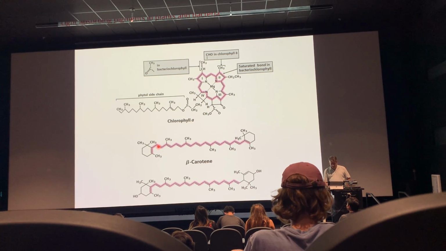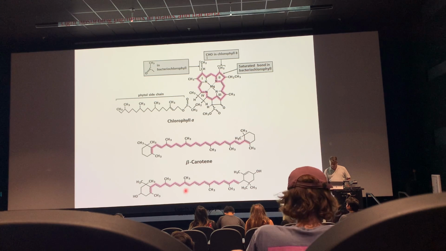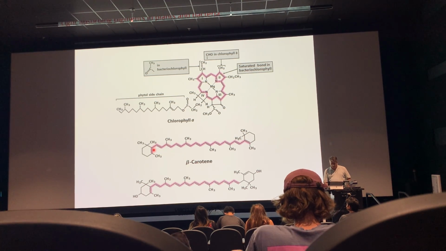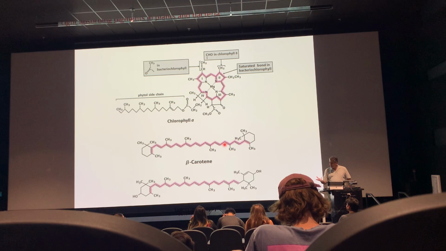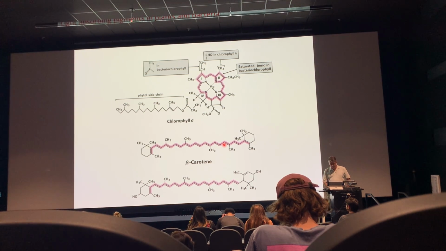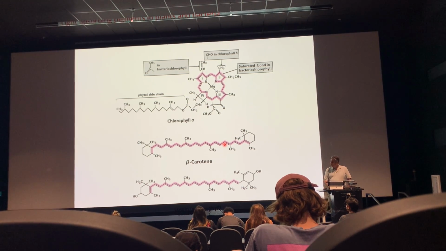These things down here, beta carotene and lutein, have a very different structure than up here, so it's not a surprise that beta carotene, a compound that you find in carrots, absorbs light at a different wavelength, and so does this compound here.